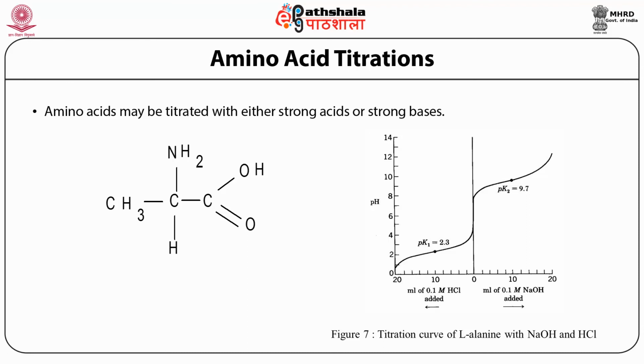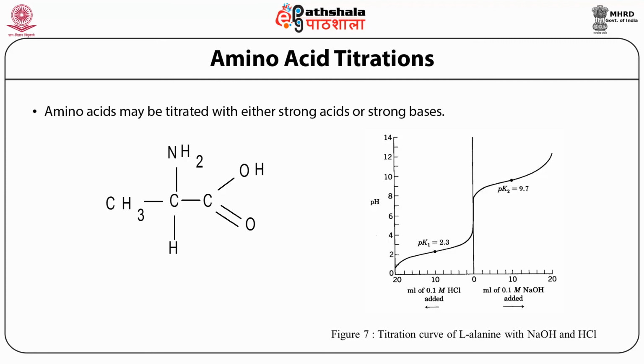This titration is with NaOH and HCl, so there are two curves. In one curve, titration has been done with HCl and in another with NaOH. In one case, pKa1 is 2.3 and the other is pK2 9.7.